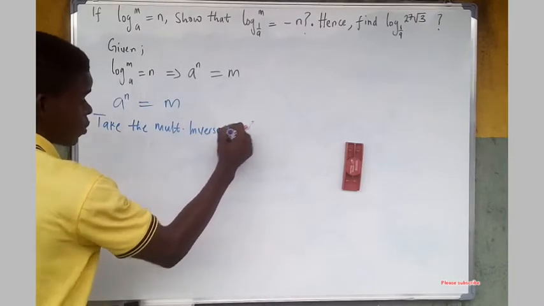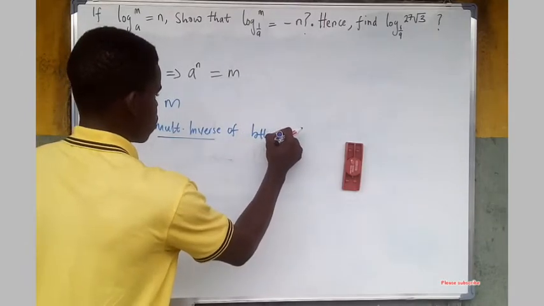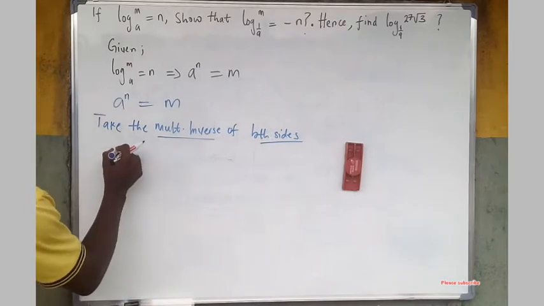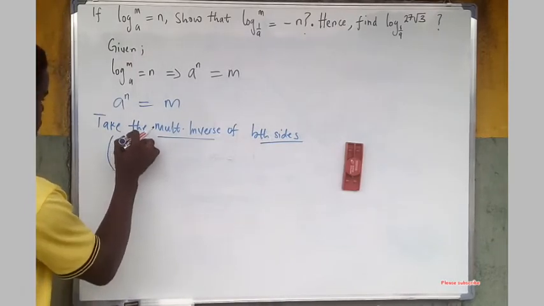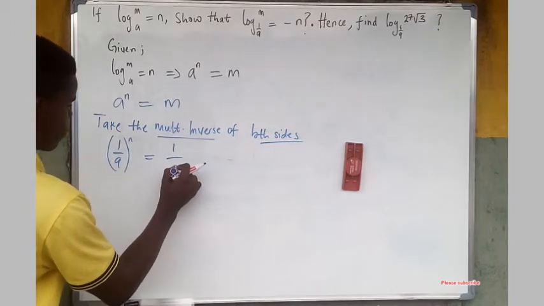Doing that, we would have 1 over a to the power n equal to 1 over m.